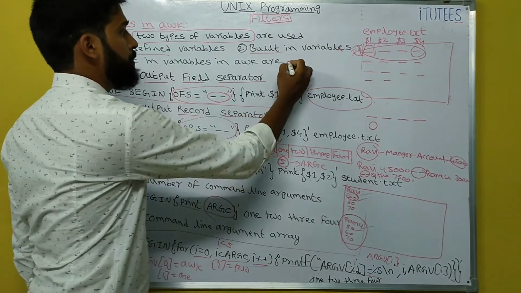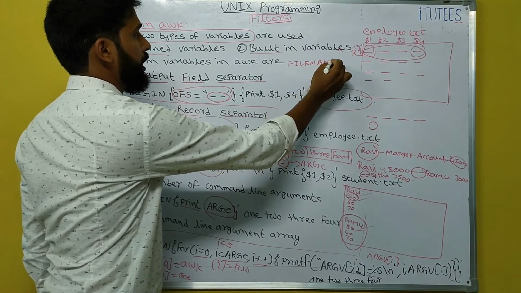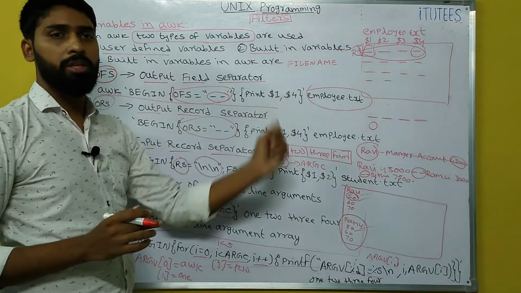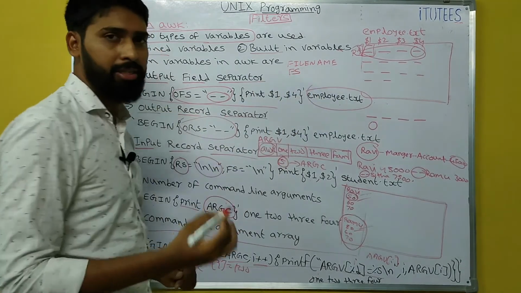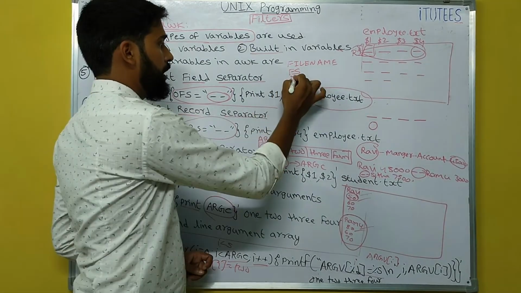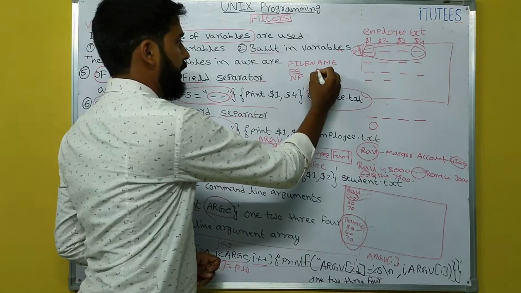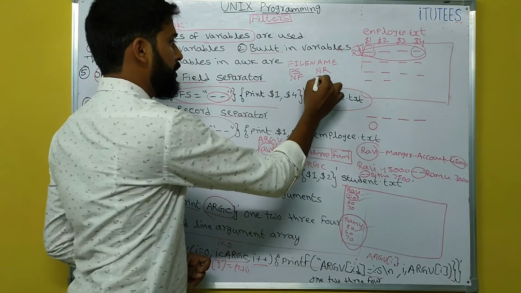So we discuss many predefined variables. One is FILENAME. What is the purpose of FILENAME? It stores the name of the input file. Next, FS, field separator. NF, number of fields in a record. NR, number of records.